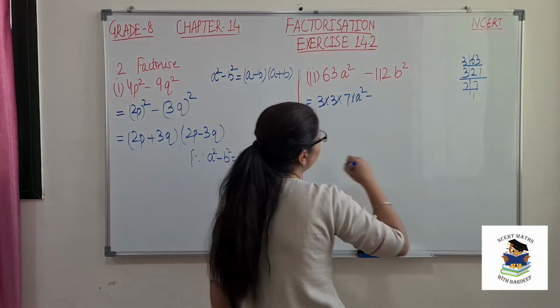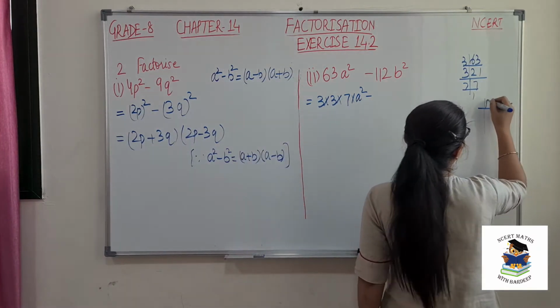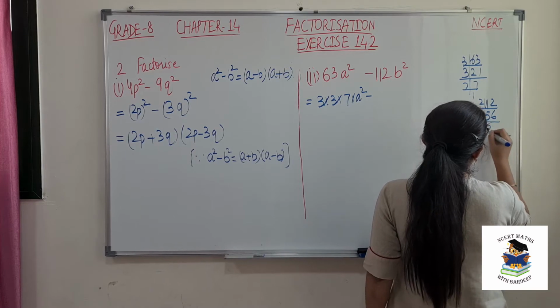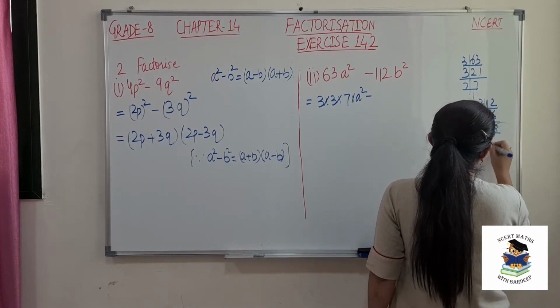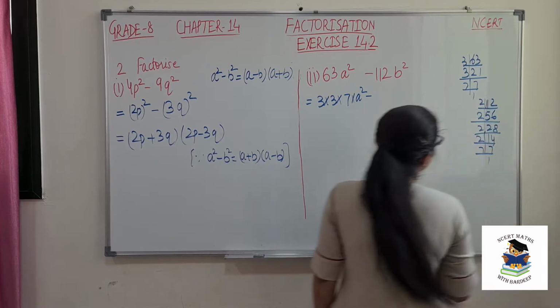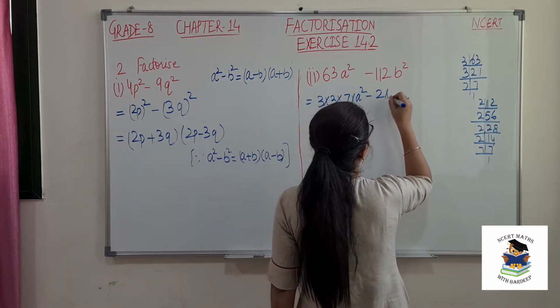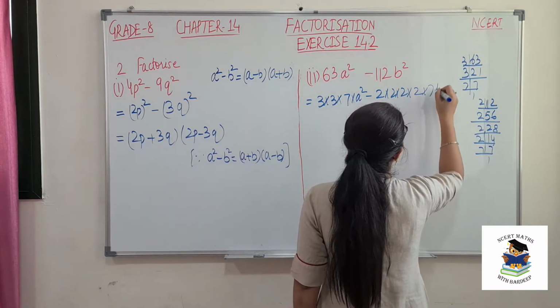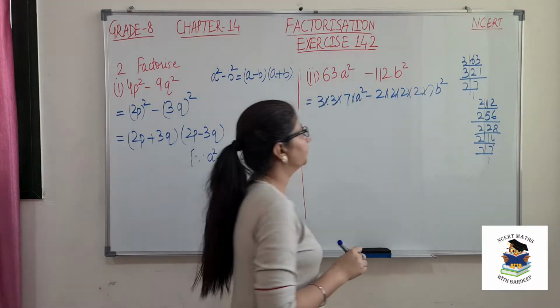Now 112, let's check. This will go in the table of 2 first, then again 2, so we have 4 times 2 and 7 b square.